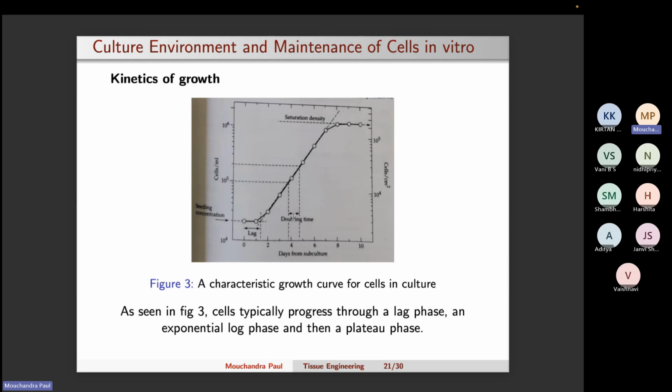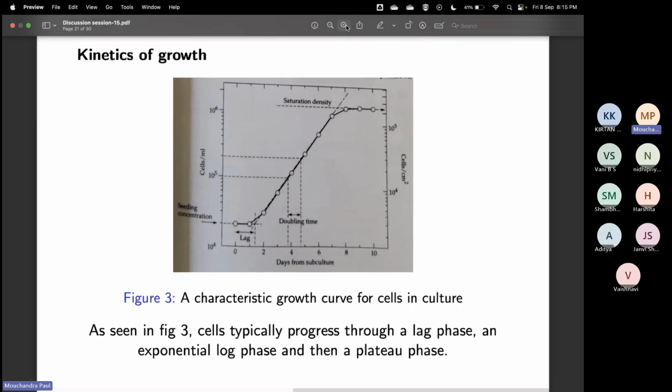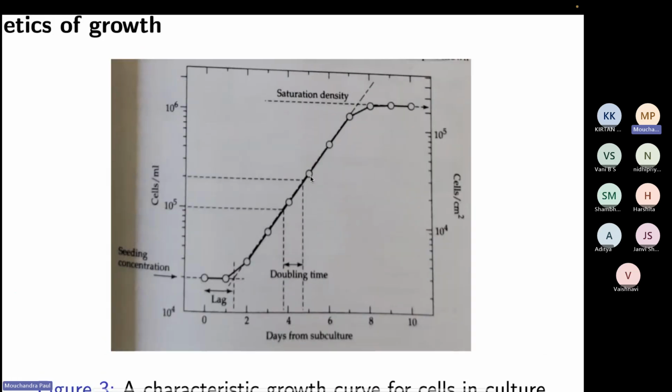And how fast the cells will grow, that is the kinetics. I think you must have seen this type of a growth curve, a cell growth curve, where initially there is a lag phase, then after a few days there will be a log phase where the cells are growing exponentially, and then there will be a plateau, okay, that is the stationary phase.